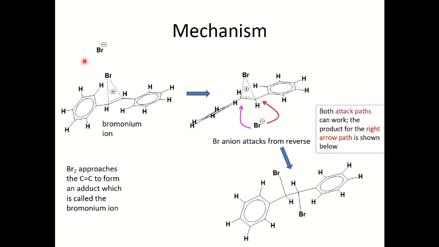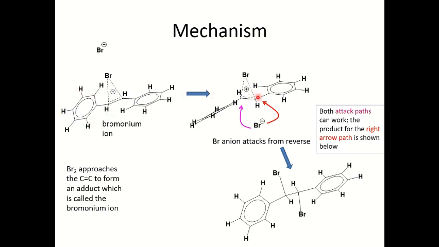So as you can see here, if we look at the stereochemistry of the reaction, the bromonium ion only allows the possibility for the anion, the nucleophile, to attack from the opposite direction, since it is perpendicular to the plane of the molecule.